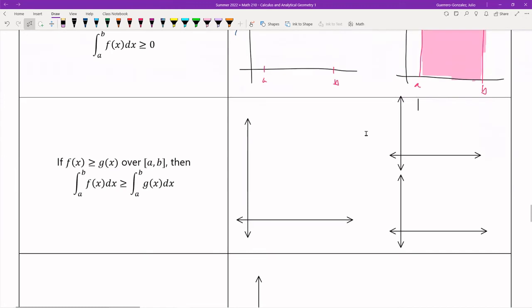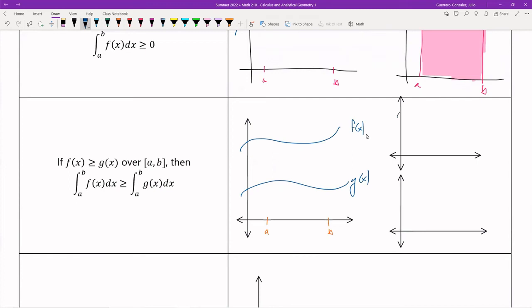Next one. If f is always bigger than g over A to B, then the integrals must be bigger themselves too. Okay. So again, a no duh. So let's say you had an f of x, this is f of x, and here's your g of x, over an interval A to B. So here's A and here's B. Then the integrals of both.